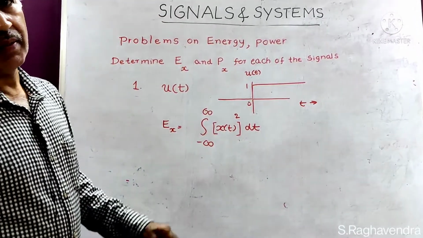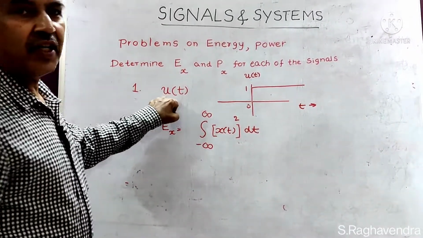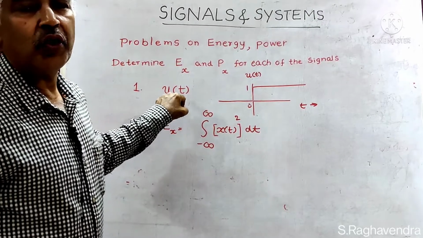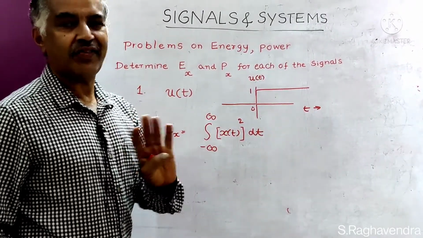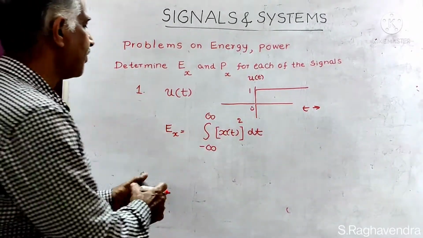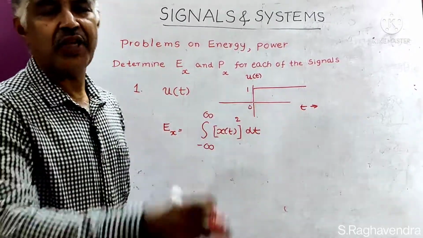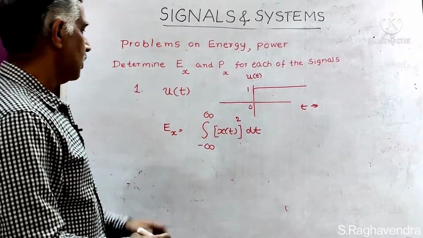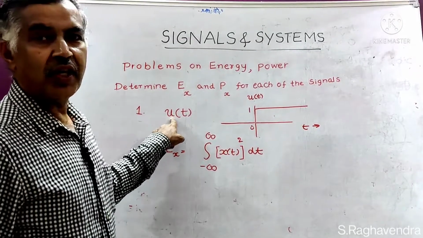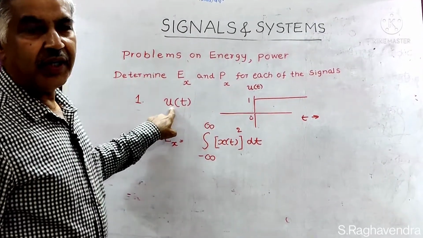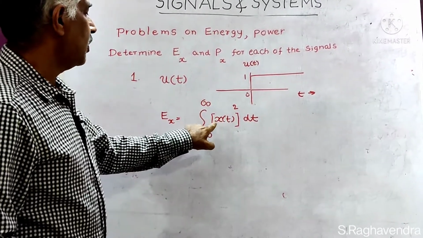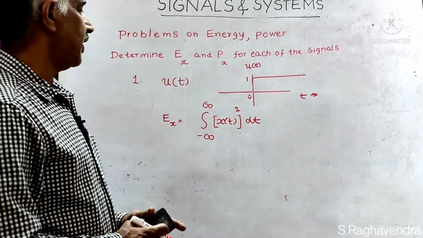In this problem, u(t) is real, not complex. If it is complex, then we have to write mod x(t). I will come to that case also. Since it is a real function, it is simply x(t) square dt.